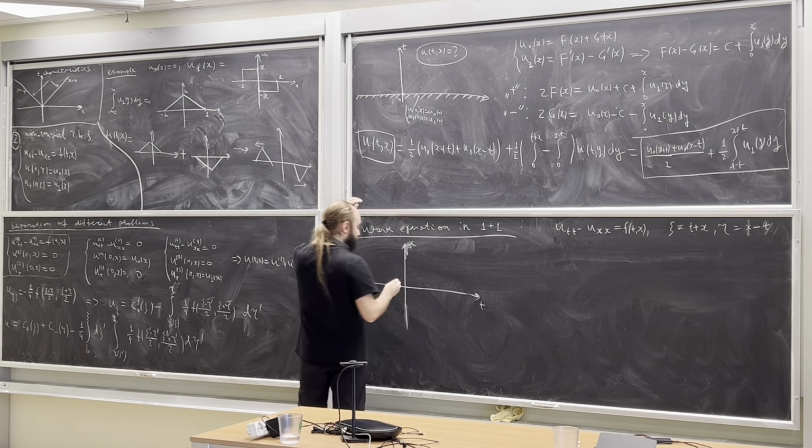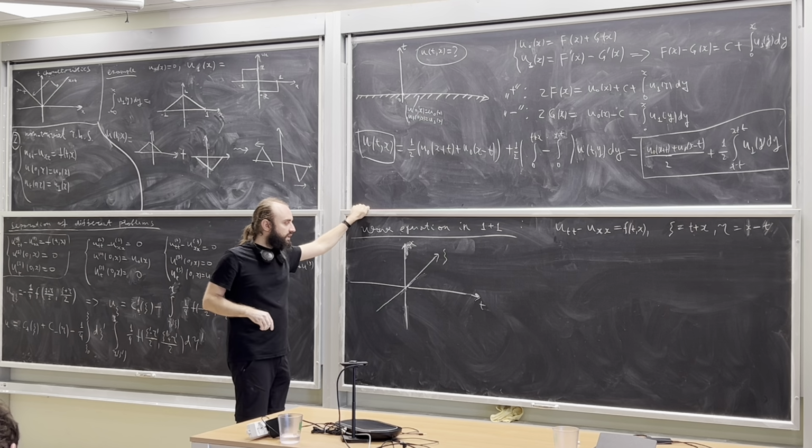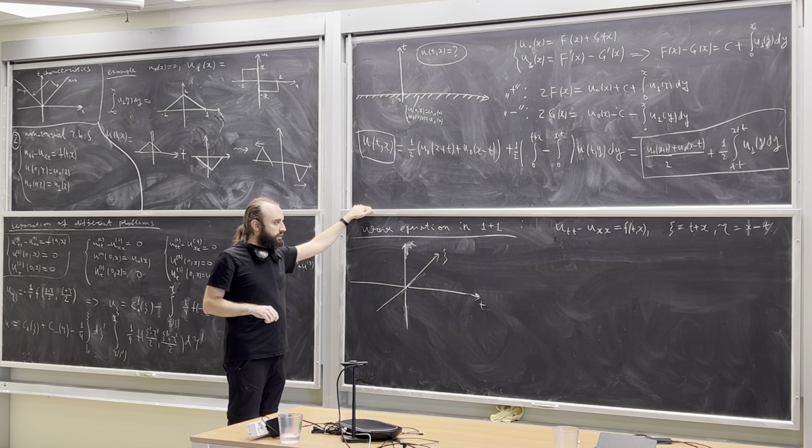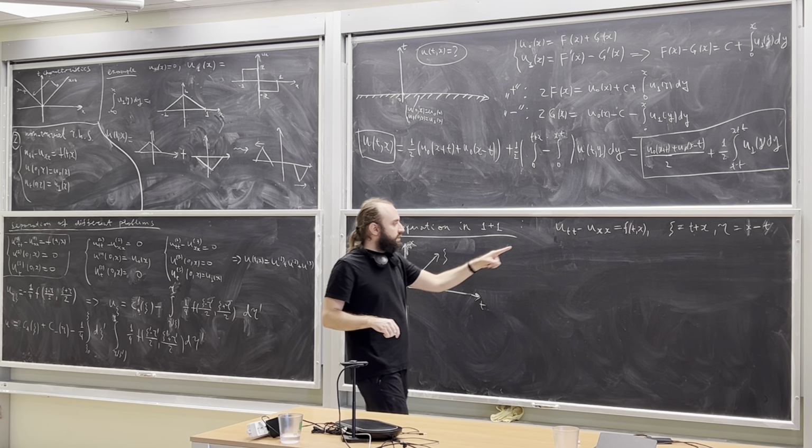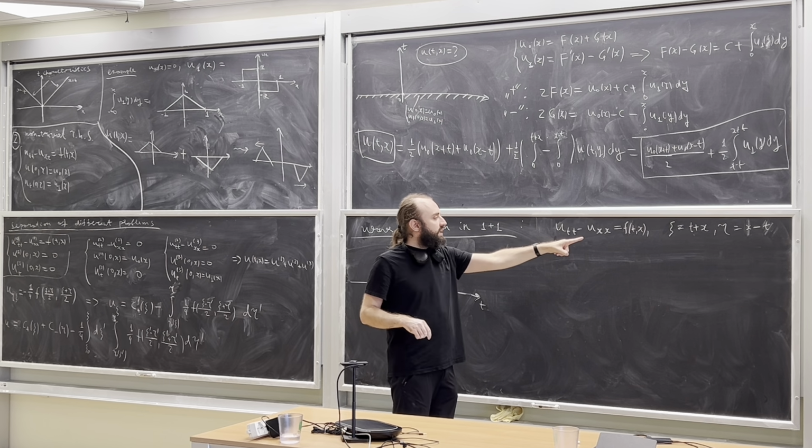So the xi axis is pointing in this direction. And when t decreases and x decreases, then eta also increases. So the eta axis is pointing in this direction.